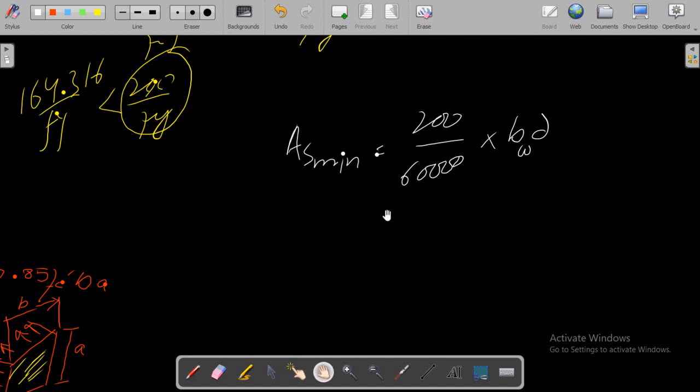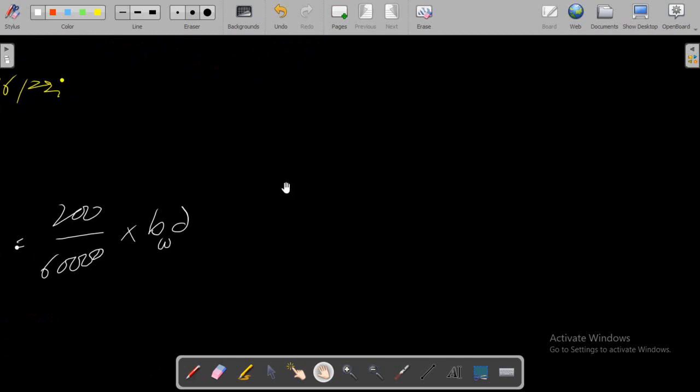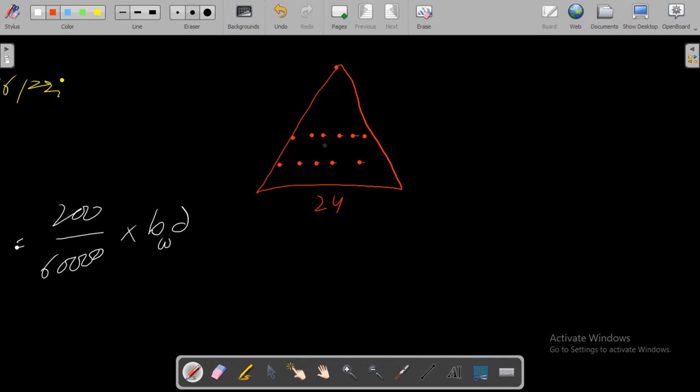Because this is a triangular section, although in a rectangular section it is clear to us that b is a uniform width, in a triangular section, as in this case, here it is 24 inches, but as we proceed further along the depth, we see the width is decreasing. Now the best assumption is to use the average width, b average, but it is difficult to calculate the average width as well.